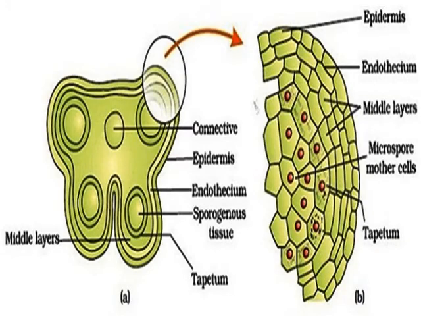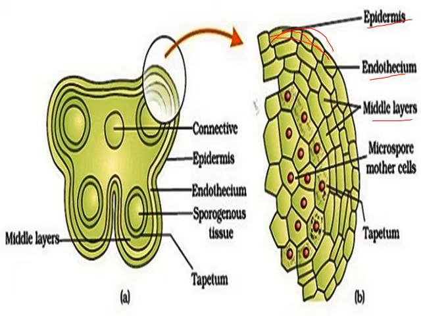If you cut a longitudinal section, go through NCERT, the figure has been given. These are the 4 layers we talked about in the previous slides: epidermis, endothecium, and middle layer. See, this is the outermost layer, the epidermis. If you cut a section of the microsporangia, I have taken a single lobe.